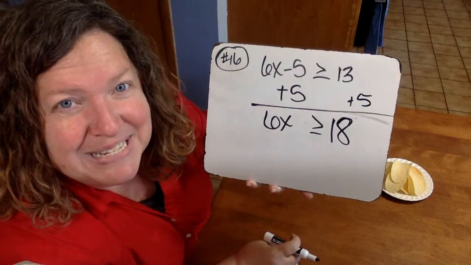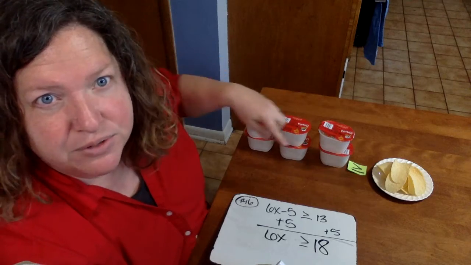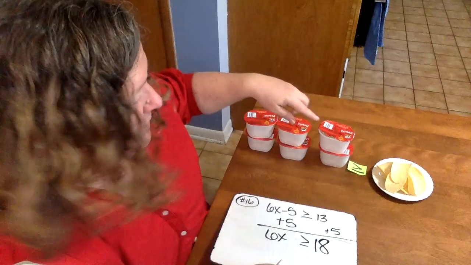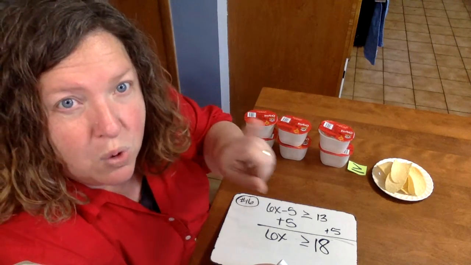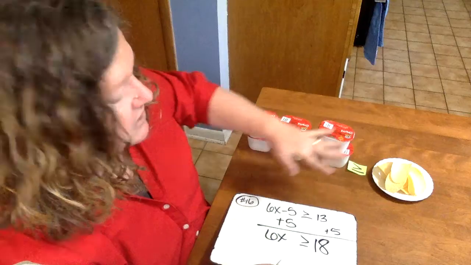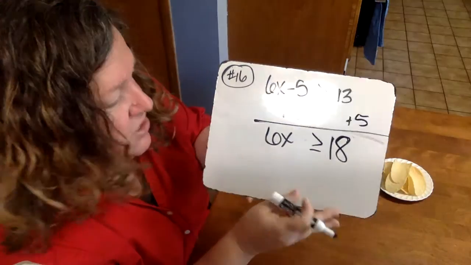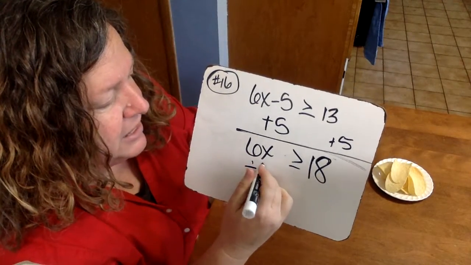Now, here's the isolating the variable part. We don't want 6 mystery groups over here because we're not sure what could be in those. But we could know what it was if there was only 1. So instead of 6 groups over here, we're going to again use the inverse operation. Instead of multiplying by 6 groups, we're going to divide by 6.